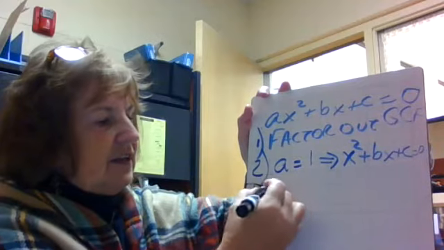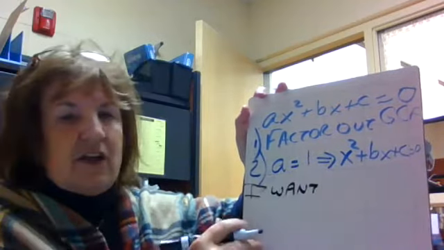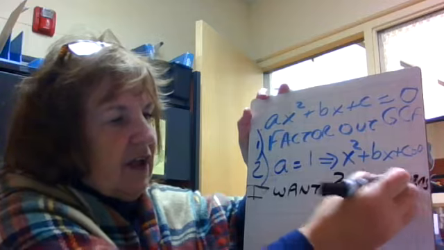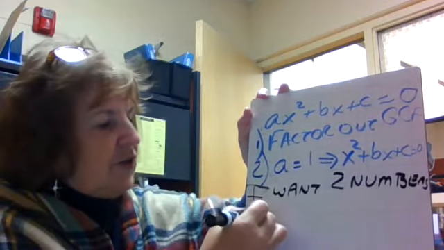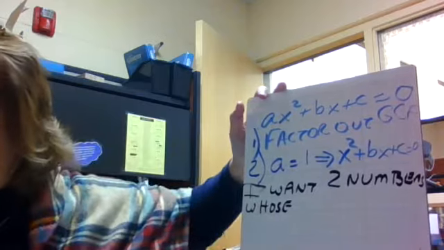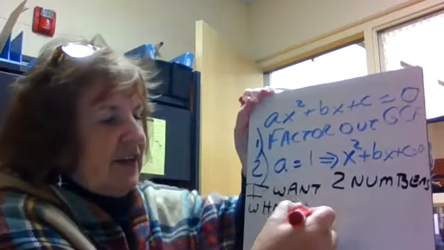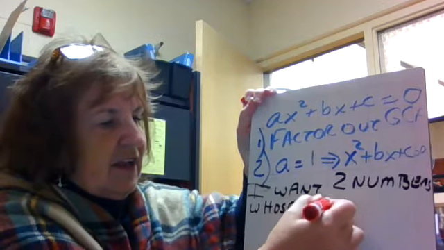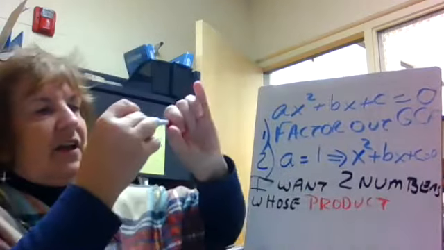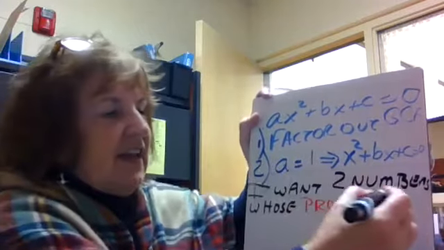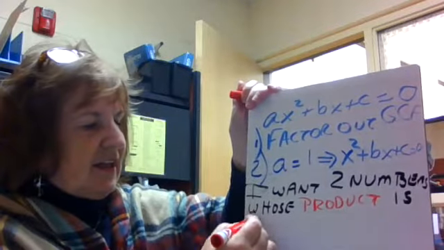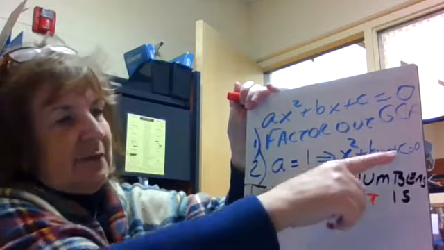I want two numbers whose product, and remember, product means multiplication, whose product is C, this number right here.